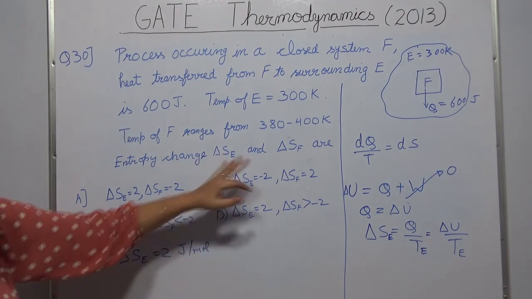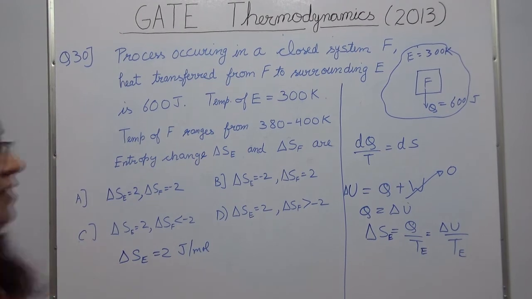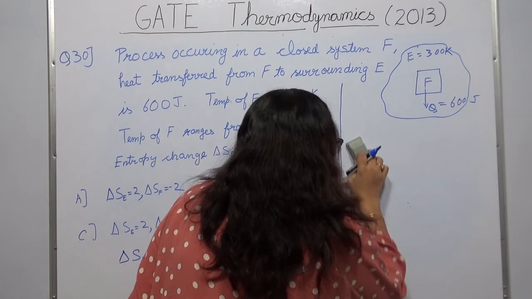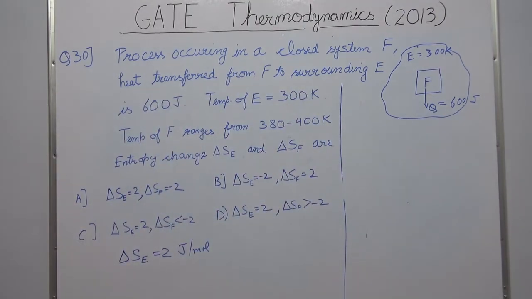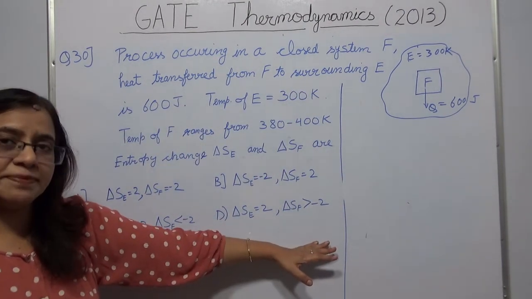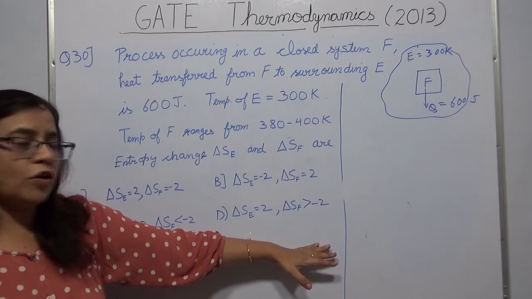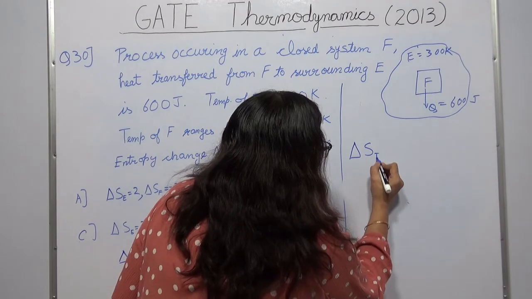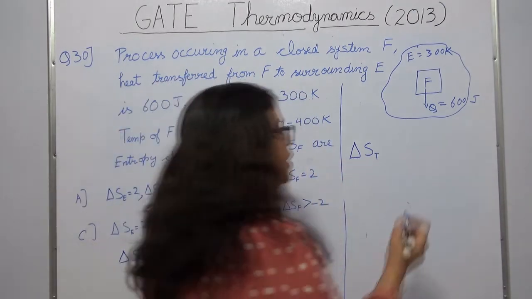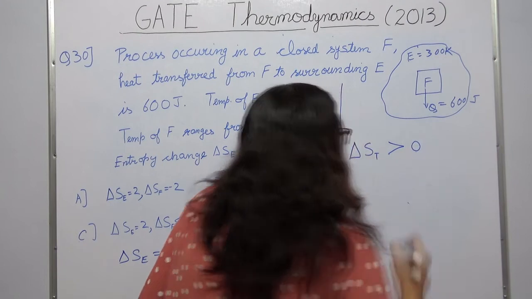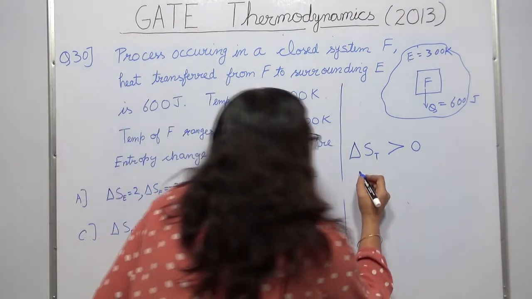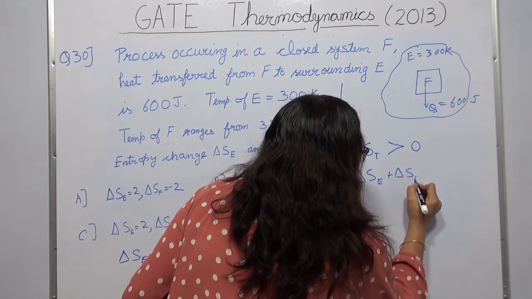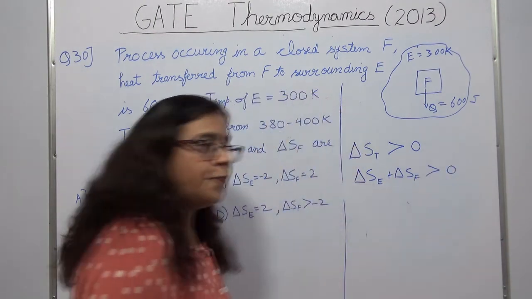Now they have asked you to estimate what delta SF is. Since we cannot apply our Clausius equality, what we will do is write down the mathematical statement for the second law. What does it say? For any process, the total entropy of the universe increases. What does that mean? It means that delta SE plus delta SF should be greater than 0.